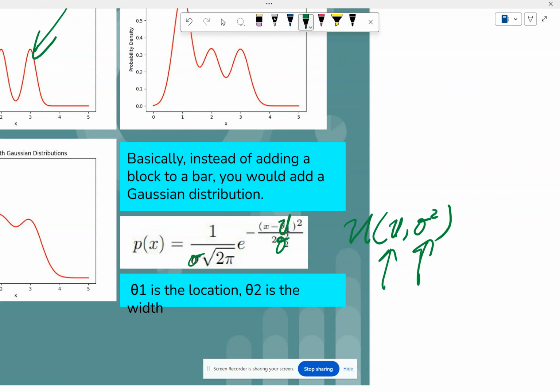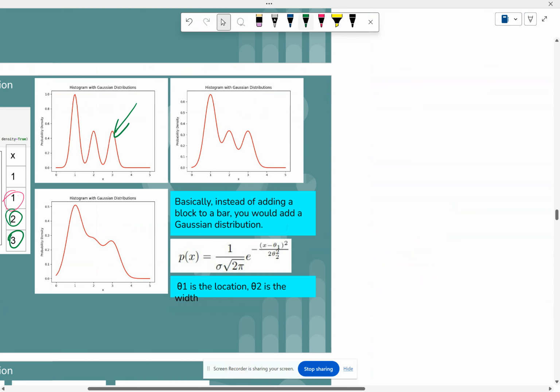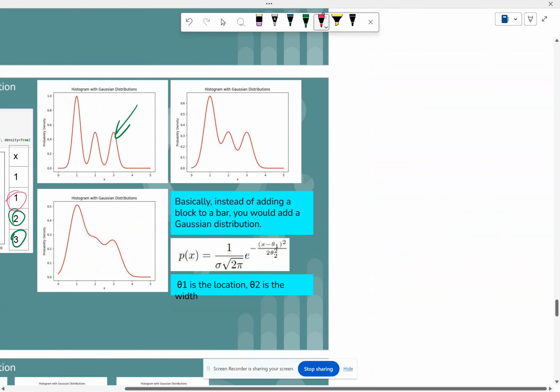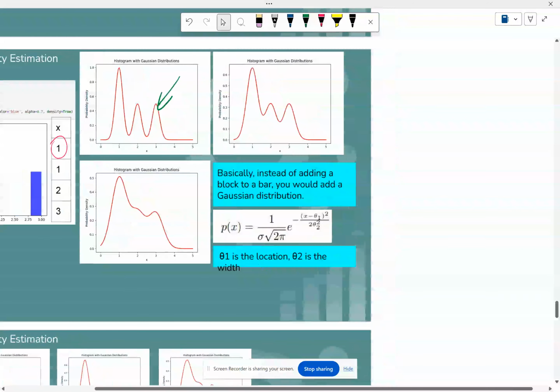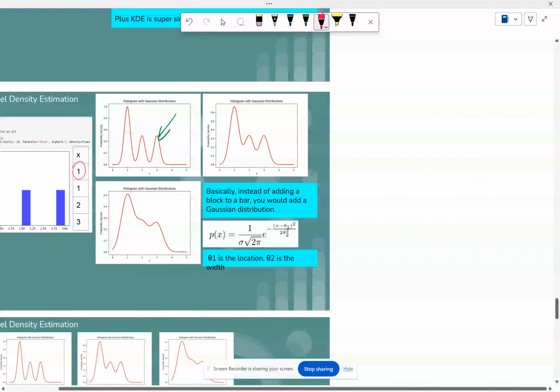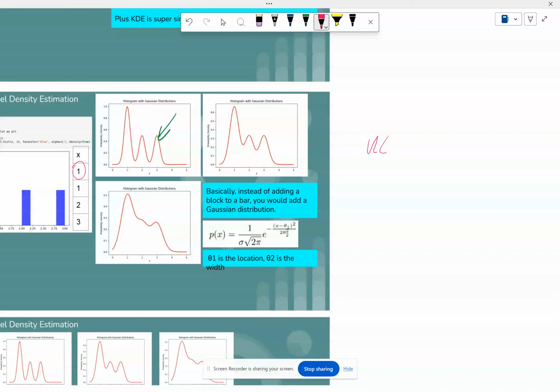So my point here is if you have four samples, the first sample is 1, you would put the first Gaussian. First Gaussian, centered around 1, and then a standard deviation of some value.